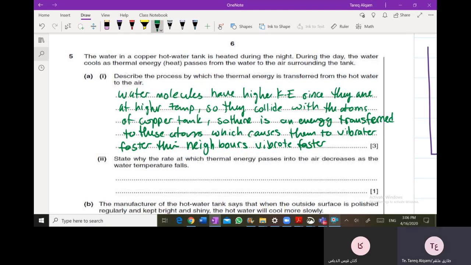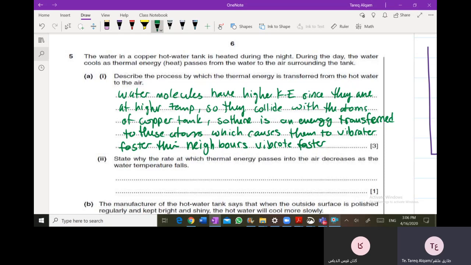Okay. Here: state why the rate at which thermal energy passes into the air decreases as the water temperature falls. The rate of heat transfer by conduction depends on the temperature difference.